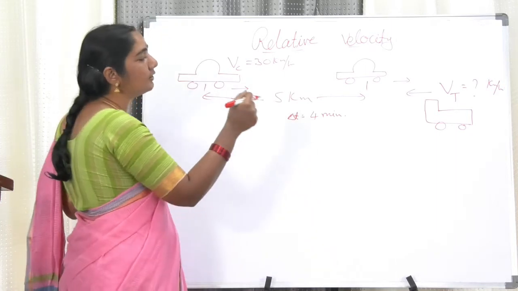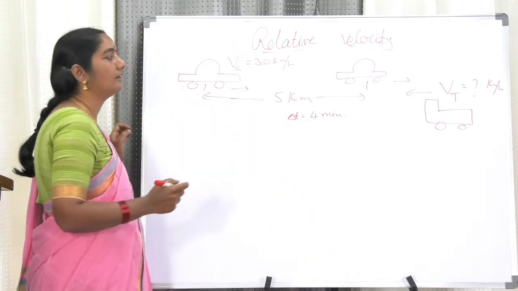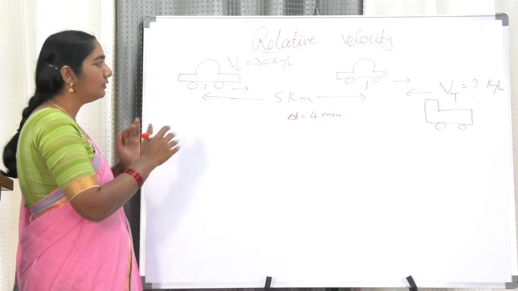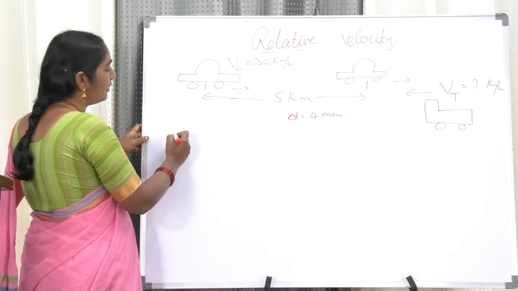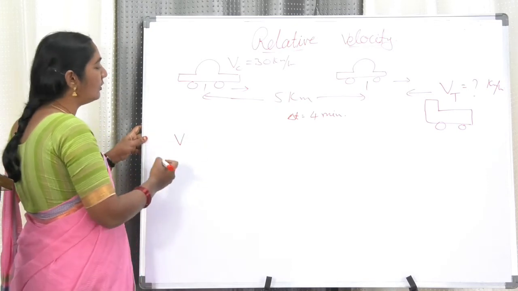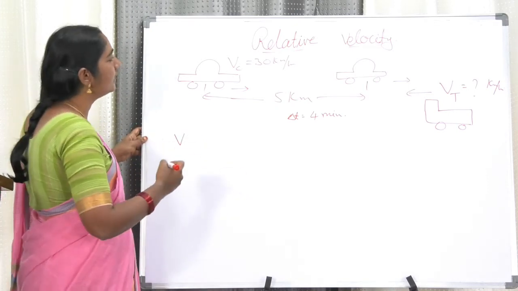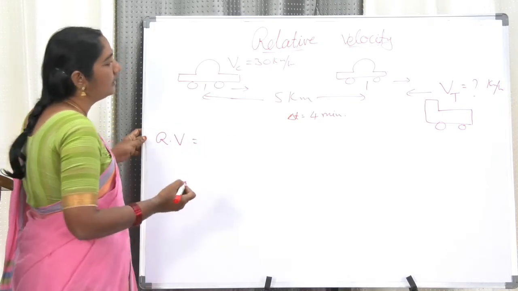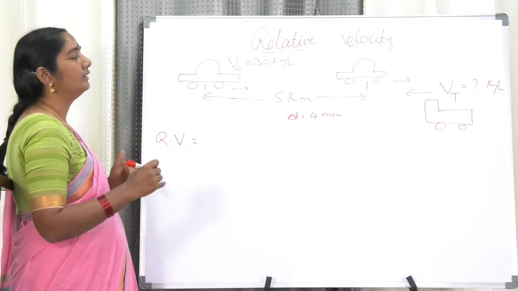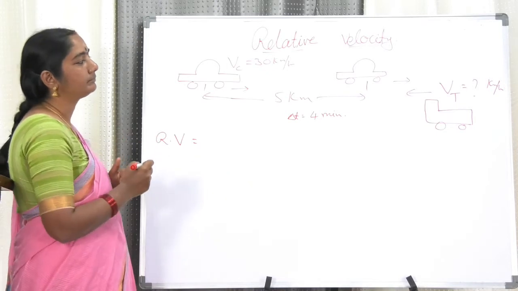This is the information given, and he is asking you to find the velocity of the truck. Here, these two are going in opposite directions. So let us take the relative velocity, the relative velocity of the truck with respect to the car.